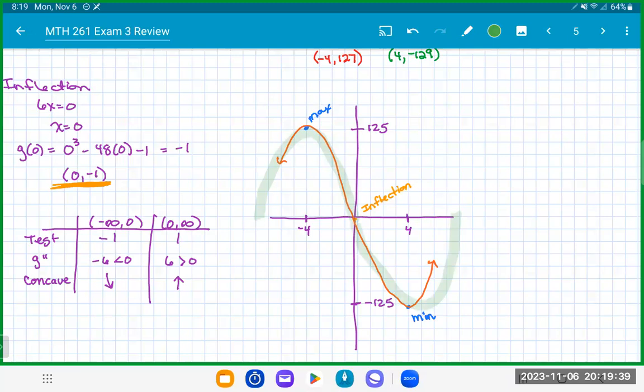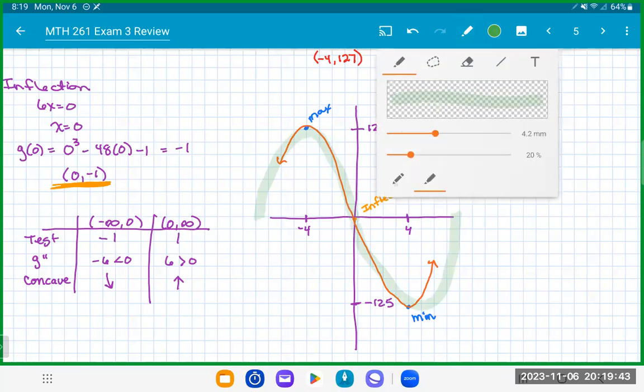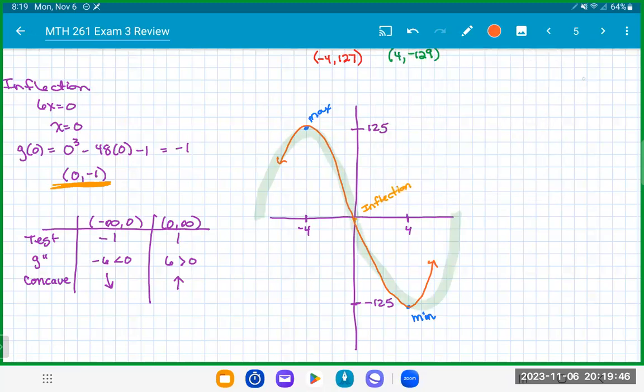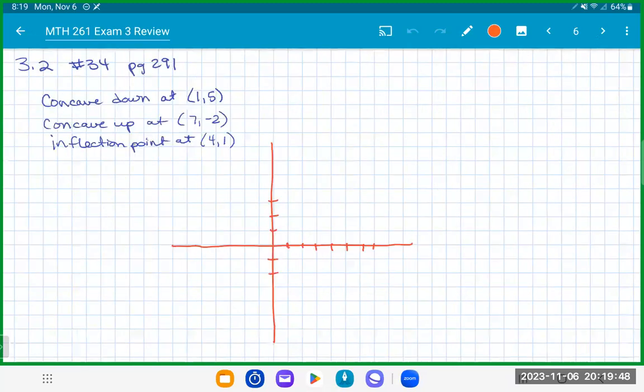Okay, questions? Okay, so for this next problem, you will need to draw it out here. It gives us a bit of information. It tells us that our graph is concave down at (1, 5). So let's put a dot on our graph at (1, 5).